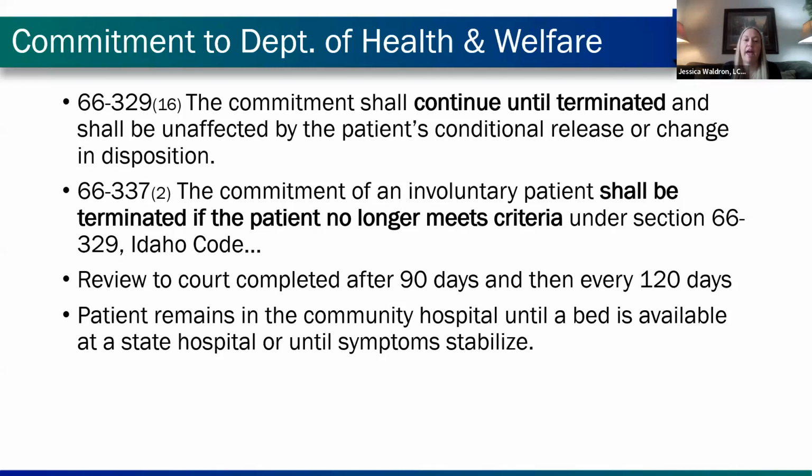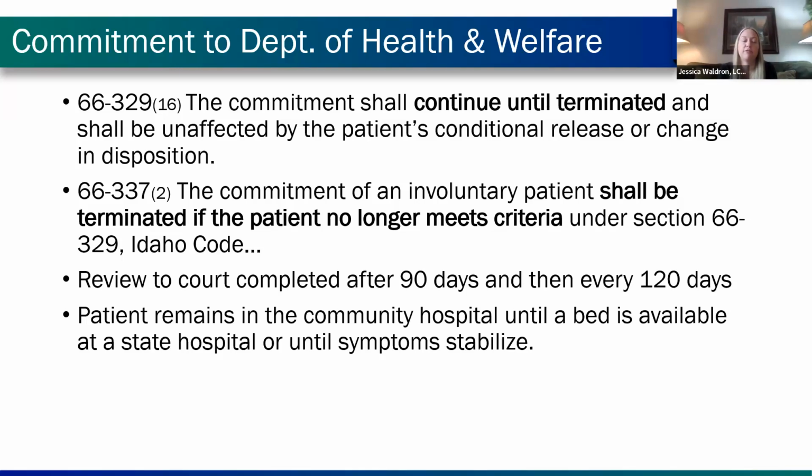So with the law and with all the checks and balances that need to be in place, especially with this being the only time that somebody's rights can be suspended, they do have a requirement that after the first 90 days, we have to complete a review of the treatment progress and why the patient still meets criteria for commitment, and we have to submit that to the court. And then every 120 days afterwards.